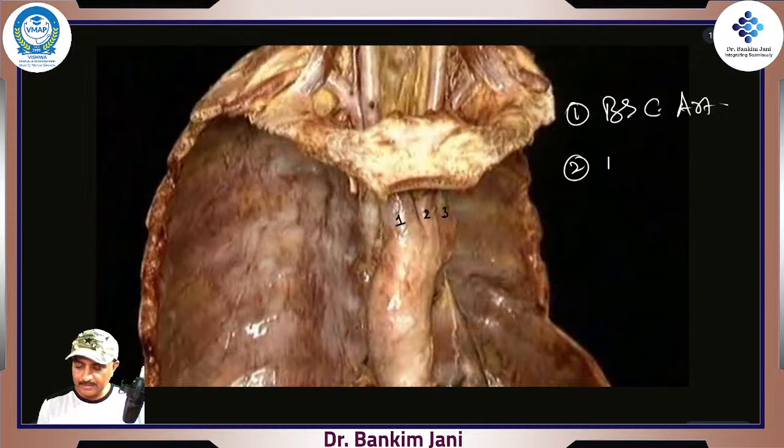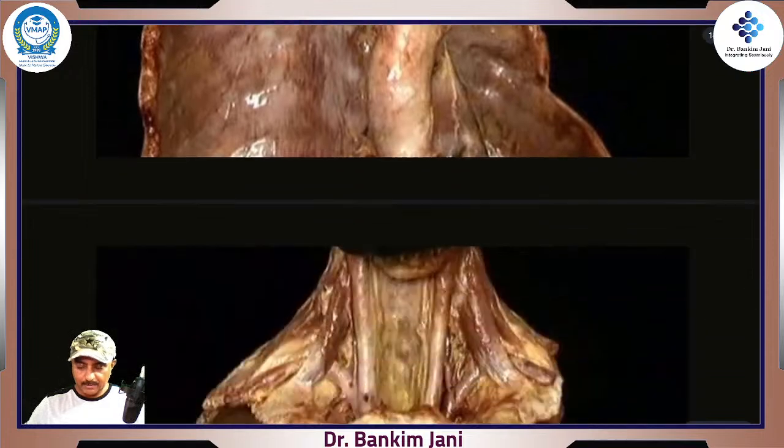Okay. Now we can see things in much better shape. So this is where the first, this is second, this one is third, right? So first one is brachiocephalic artery, that is 1. Second one is left common carotid artery, and third one is left subclavian artery. Better, right?